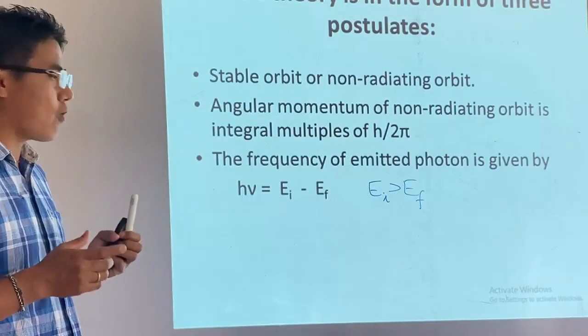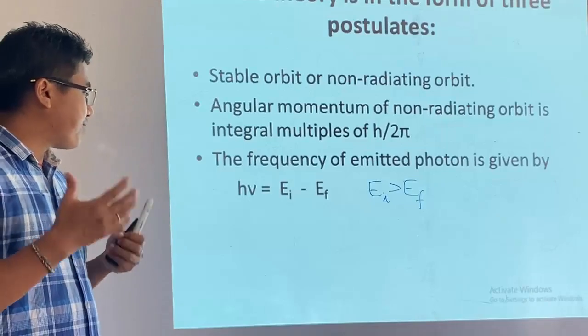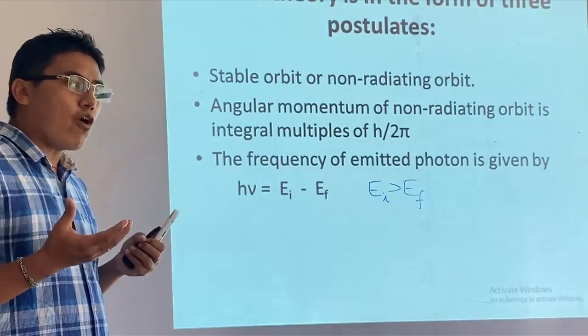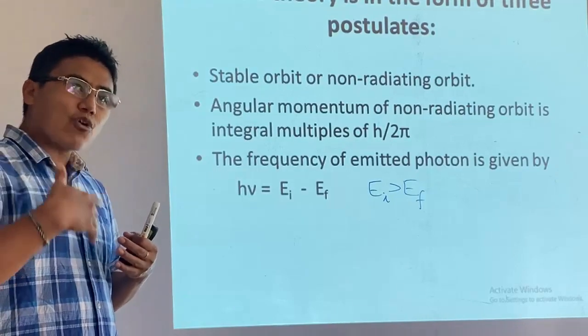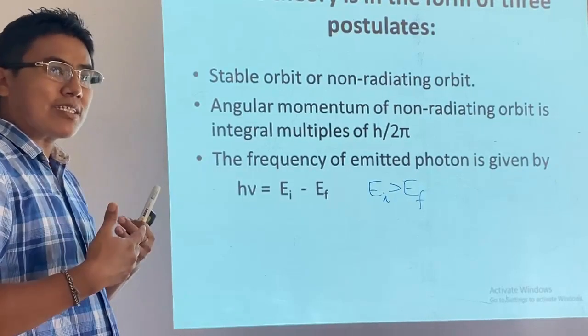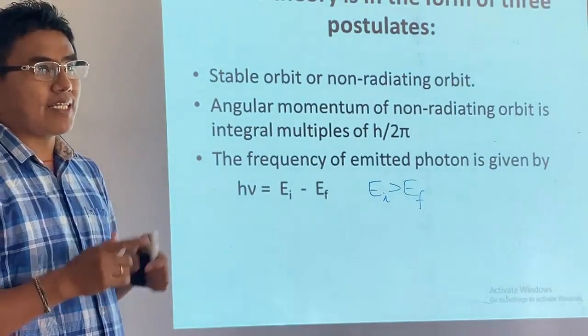So the photons released from an atom are all due to electron transitions from a higher energy level to a lower energy level. That's the point.